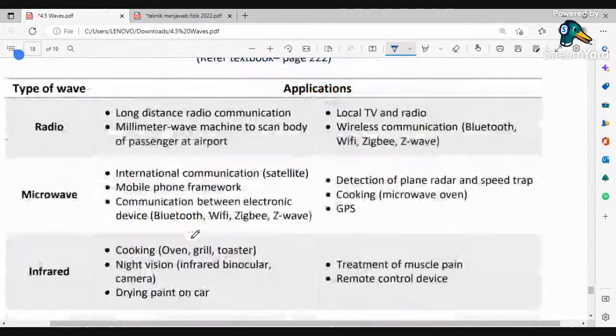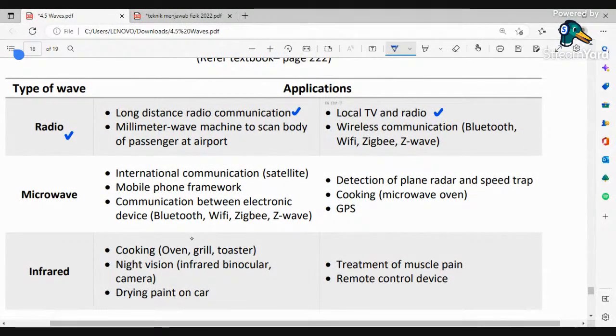Application of electromagnetic waves. Type of wave, the first one, radio wave, is for long distance communication, radio communication or TV. Millimeter wave machine to scan the body of passengers at the airport. Used for local TV and radio, TV3 and TV7, TV9.